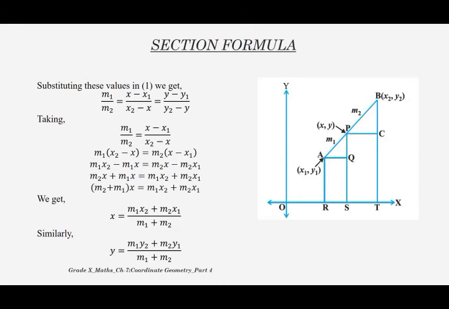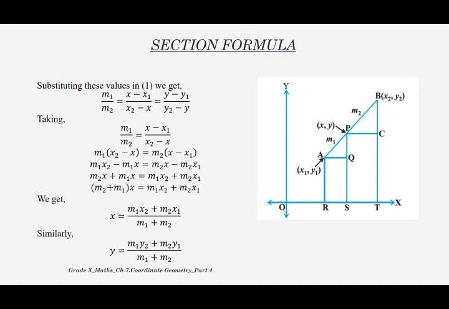Let us take the x alone and solve. So m1 by m2 is equal to x minus x1 by x2 minus x. Cross multiplying, opening the bracket and then taking x on one side, we'll get x is equal to (m1 x2 plus m2 x1) by (m1 plus m2).